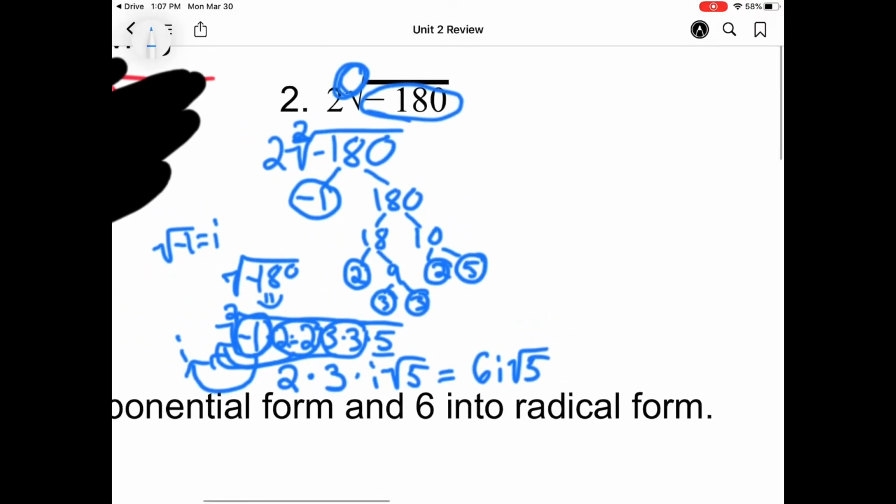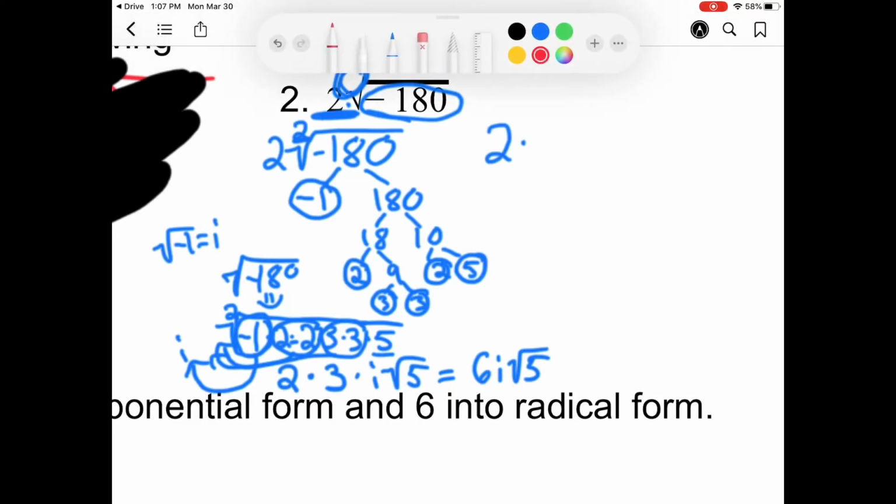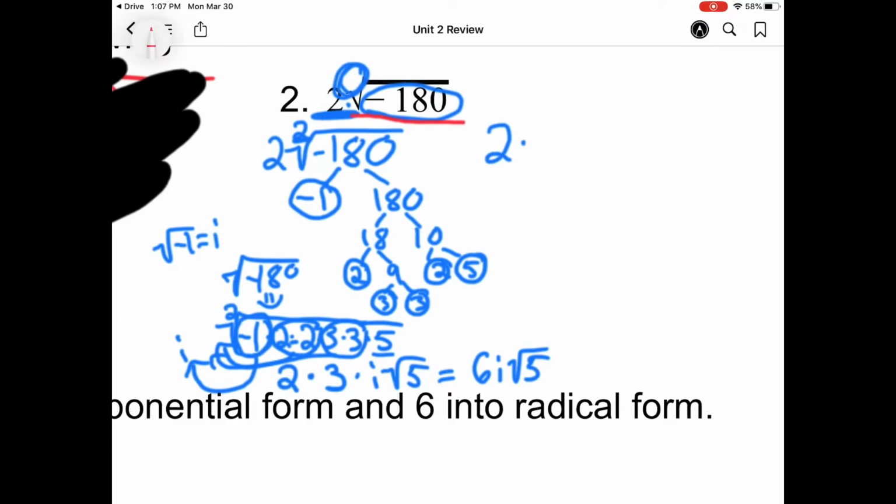Well, if you go back to the original problem, we have a 2 outside. And there's multiplication in between the 2 and the square root of negative 180. So we have 2 times, well, instead of writing the square root of negative 180, we're going to put the 6i times the square root of 5.